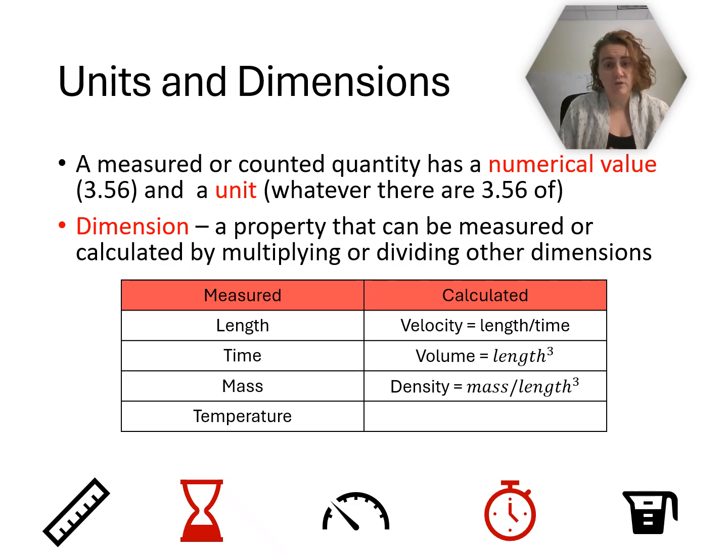There are actually very few things that we can measure in terms of quantities, and there are quite a few calculated dimensions. So keep in mind that there is a slight difference. There's always a numerical value and there's always a unit. And on our assignments in this class, we always want to have units associated with our answers.